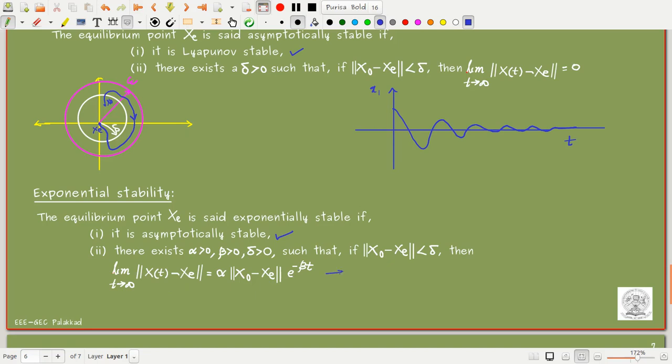This should go to 0, but since I have an exponentially decreasing term, I should show that the trajectories reach the equilibrium point at a faster rate. So I should have something like this: I have some initial point here, and I should reach the equilibrium point at a faster rate. That is what is meant by the exponential stability of the system.